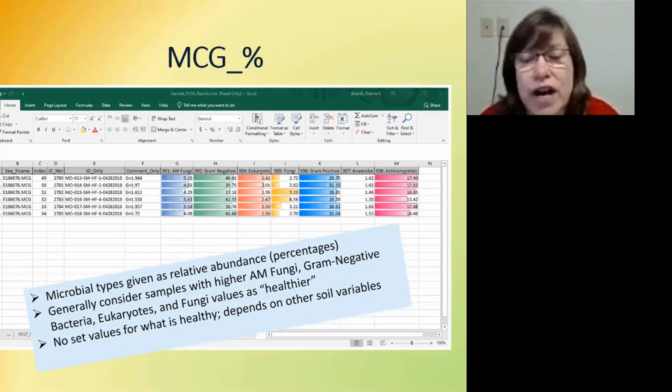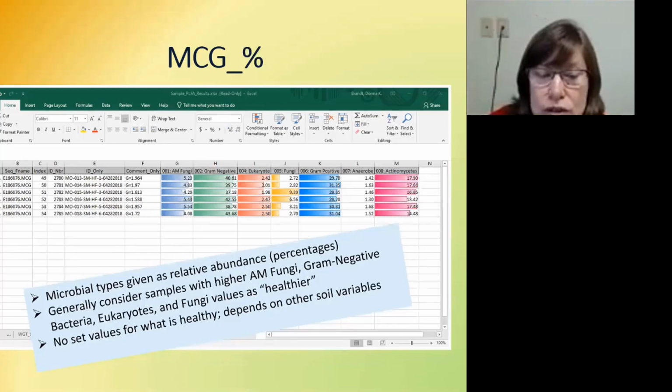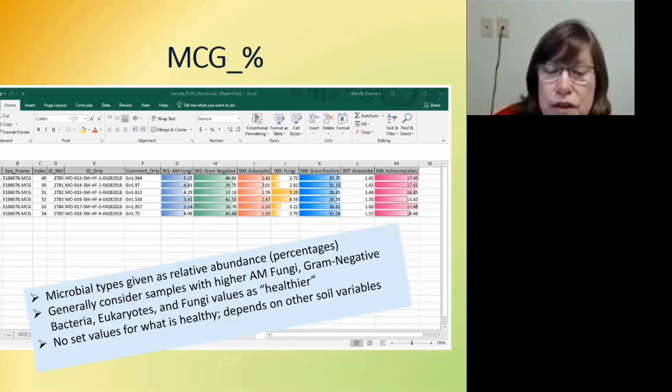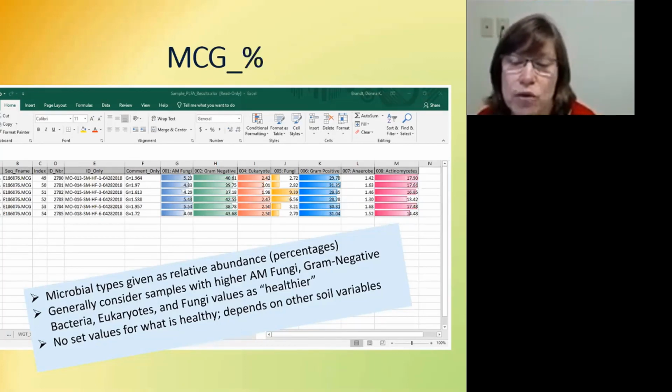Okay, now another way of looking at it is the relative abundance. So you may or may not find statistical differences with the values expressed as picomoles, but maybe they'll be significantly different when you're looking at the relative abundance.